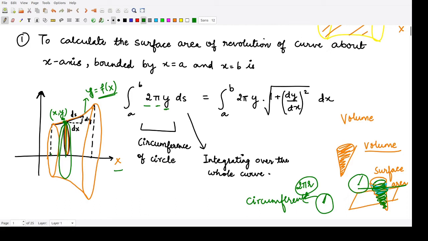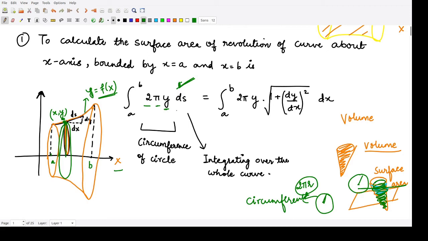So suppose this point is A and this point is B, then we'll integrate this circumference of one circle from the limit a to b, so that we obtain the area of this solid of revolution.